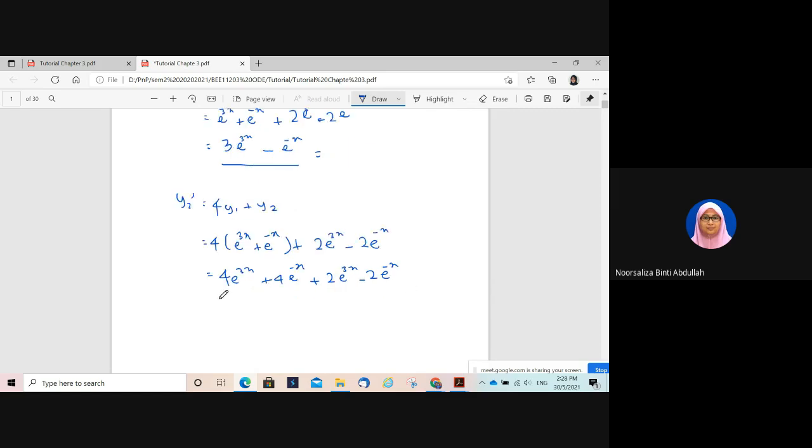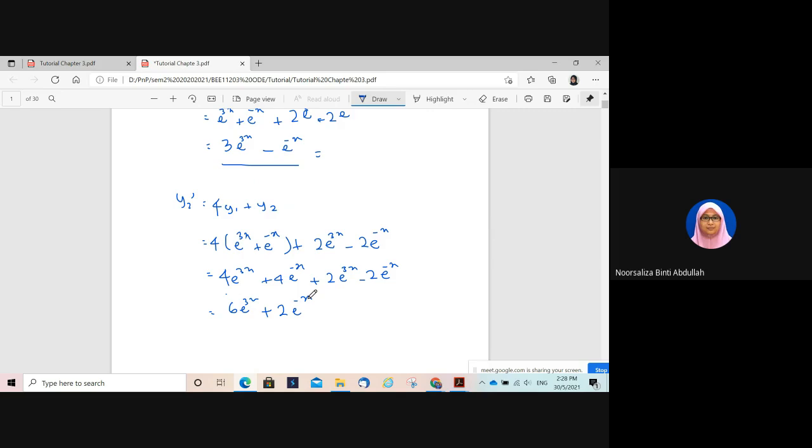So 4 exponent 3x plus with 2 exponent 3x, then you will have 6 exponent 3x, right? Plus 4 exponent minus x minus 2 exponent minus x, then you have 2 exponent minus x.